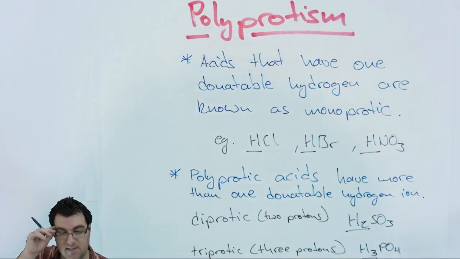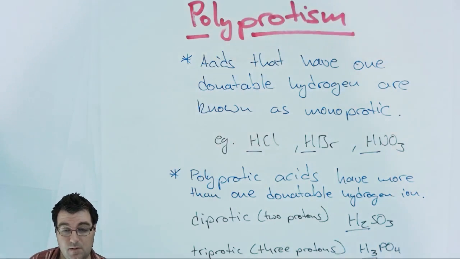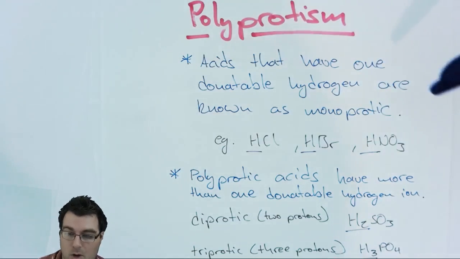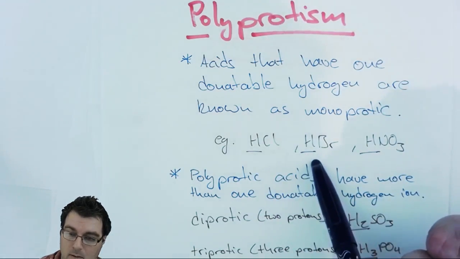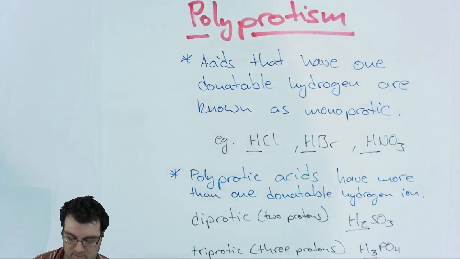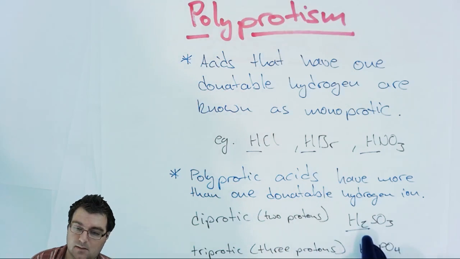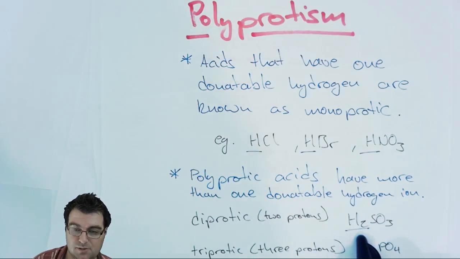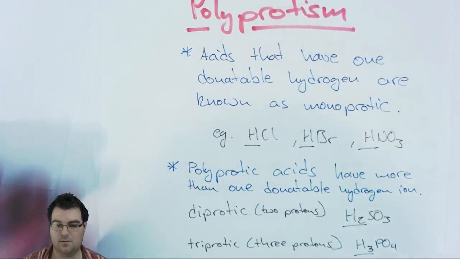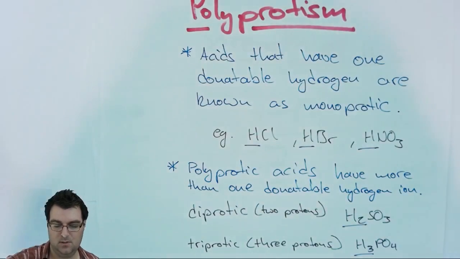So far we've seen a variety of acids that we will commonly use when we do practicals in the lab and that are commonly referred to in the notes. They include monoprotic acids that have only the one hydrogen ion that they can donate, and polyprotic acids such as diprotic acids like sulfuric acid, which can donate 2 hydrogen ions, and triprotic acids like phosphoric acid that can donate 3 hydrogen ions.